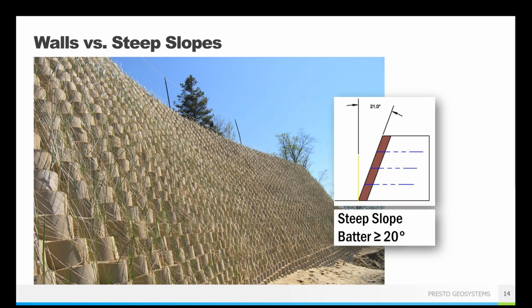Maybe there's a circular failure that's happening leading to mass movement. One of those is going to need internal reinforcement, one of them's not. Internal reinforcement is going to lead you to a retaining wall. Superficial issues are going to lead you to a steep slope type of protection. And again, we can help you determine which one is going to be appropriate for your site. So if you're not sure, feel free to reach out to us. More than happy to discuss the differences between the two.